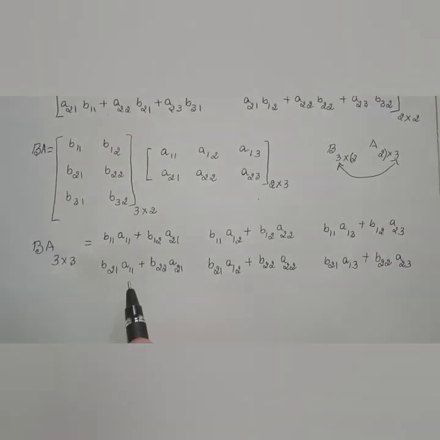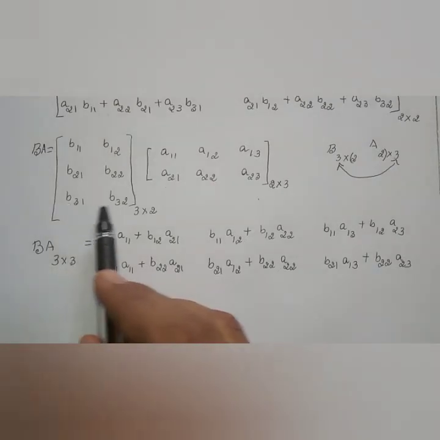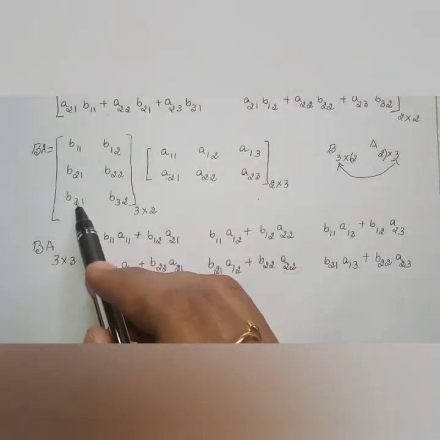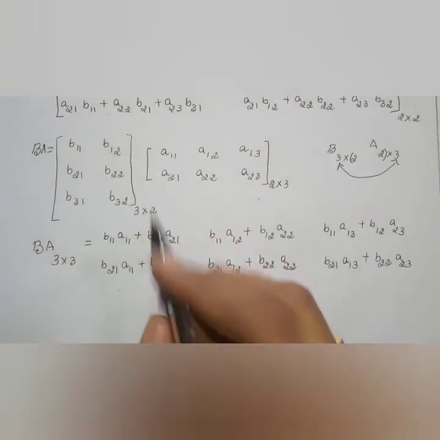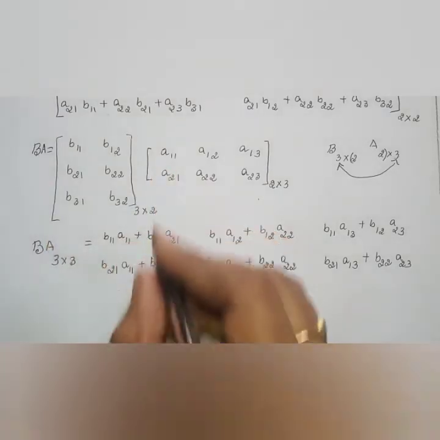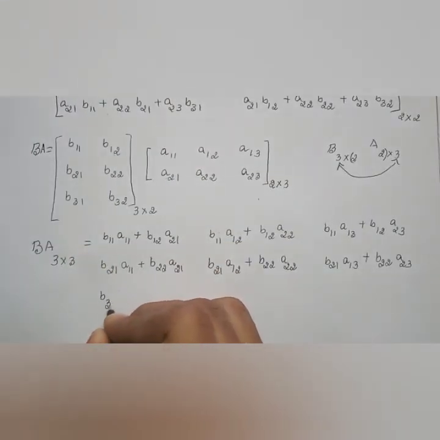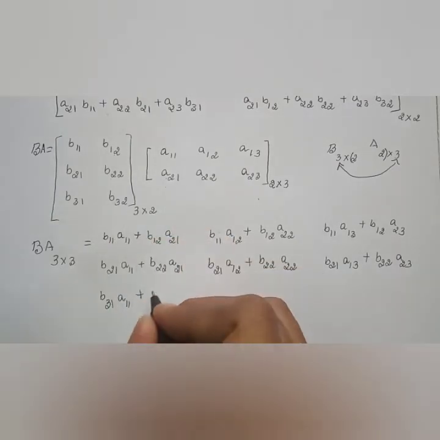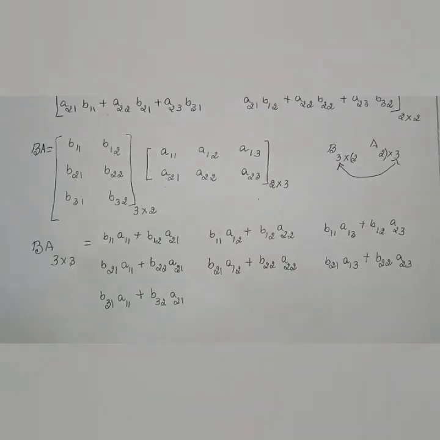Next, third row, first column. So B31 into A11 plus B32 into A21.